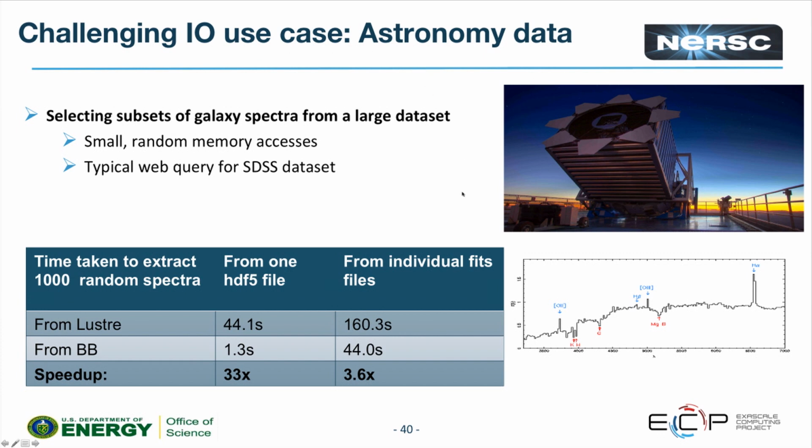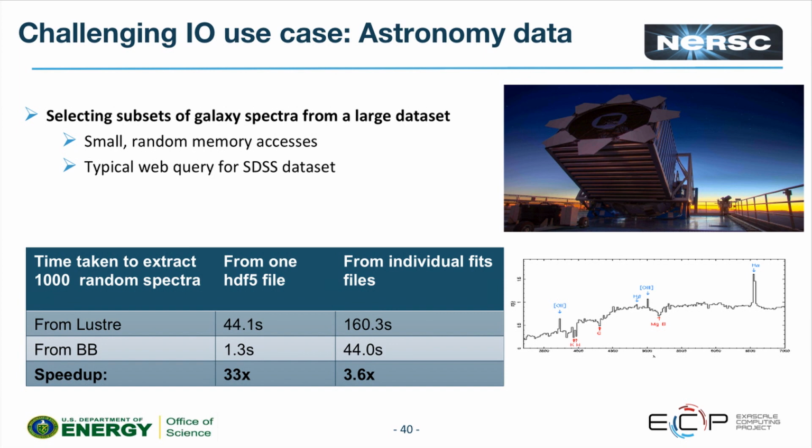I'm familiar with this one because this was my first-year project at the Lawrence Berkeley National Lab. In this case, the I/O pattern is very random, and there are millions of small files.